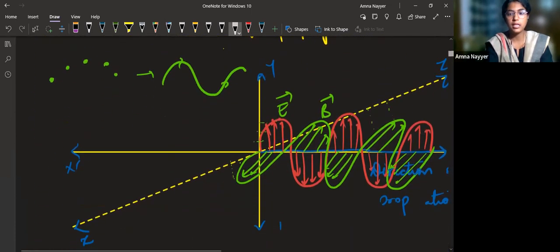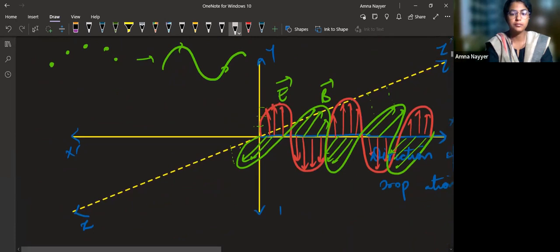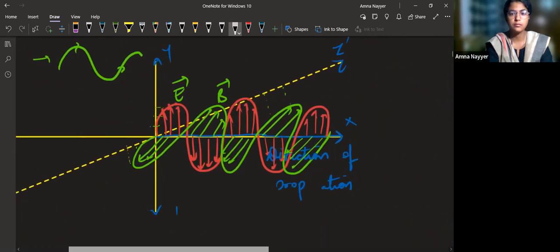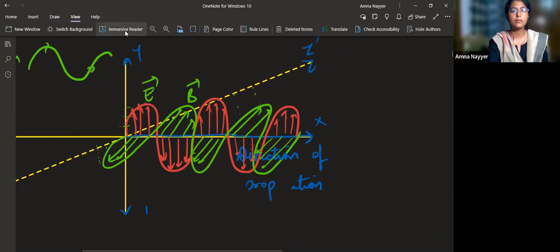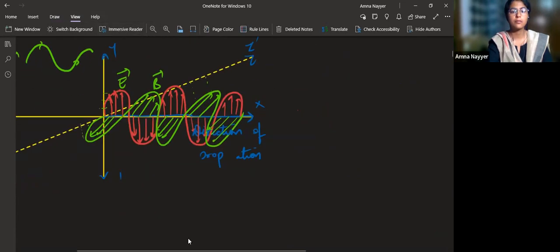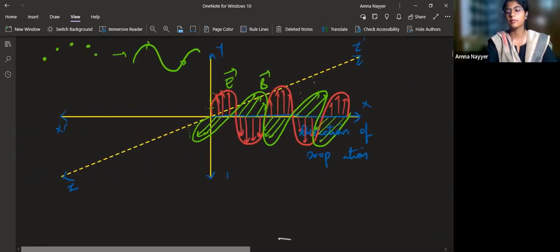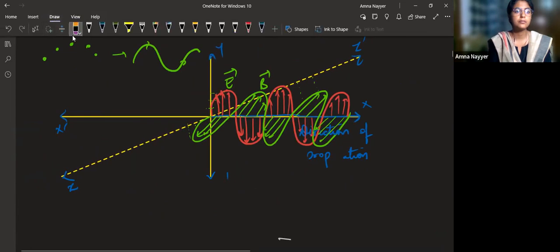This you can understand from this figure. Look at this carefully. See here.